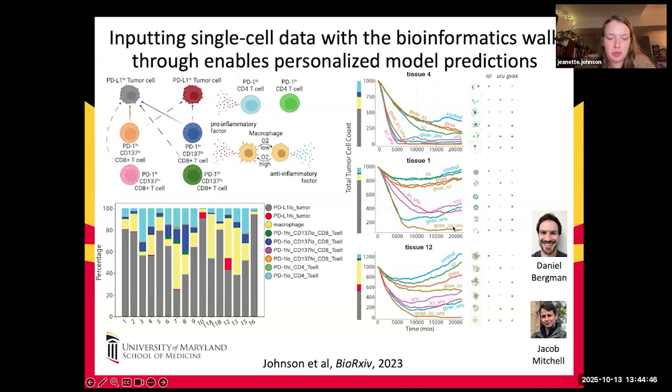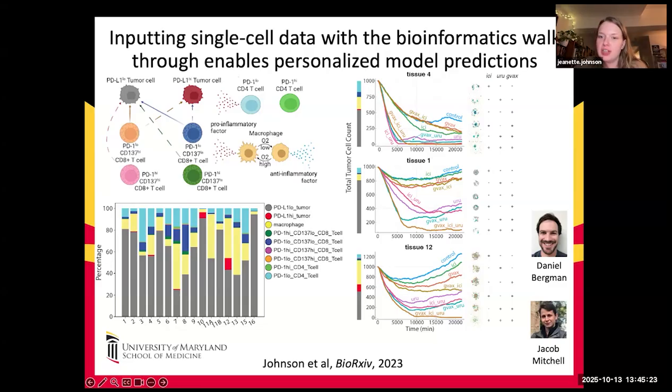Here in tissue 1 and tissue 12, we can see the triple combination is clearly the most effective, and no other reached that threshold. However, here in tissue 4, even just urelumab can essentially get you to that same level. There were other tissues where the triple combination did worse, so you get a ranking of the therapies per tissue.